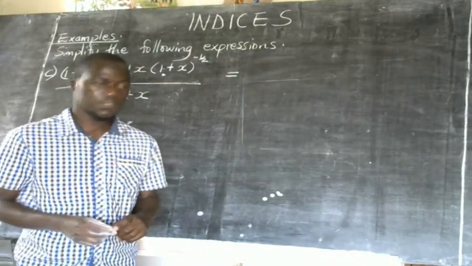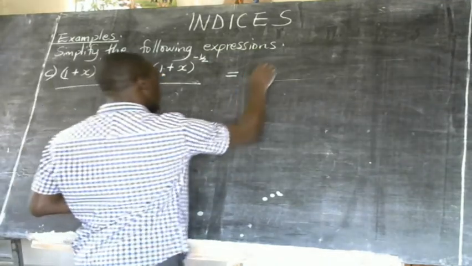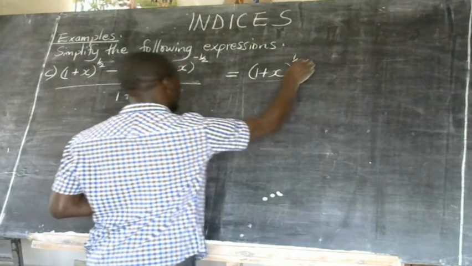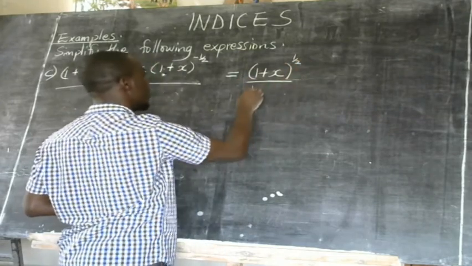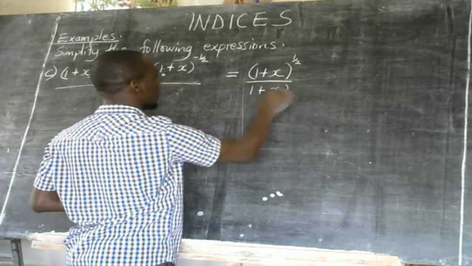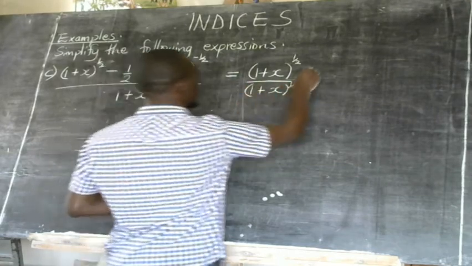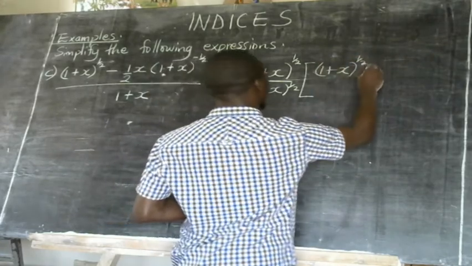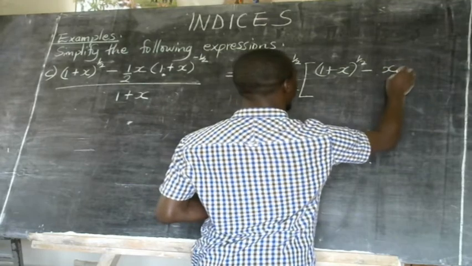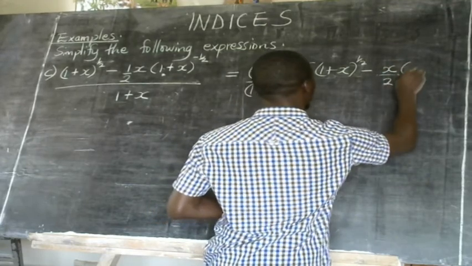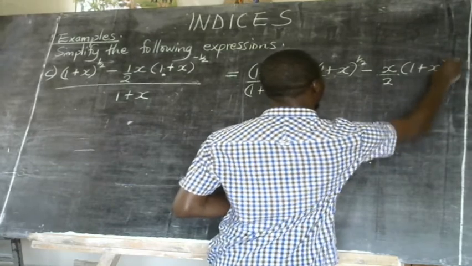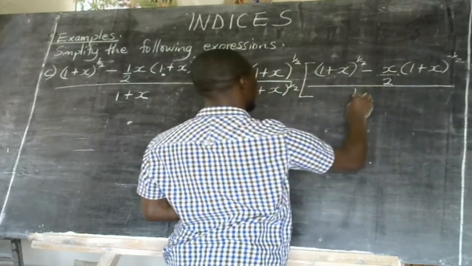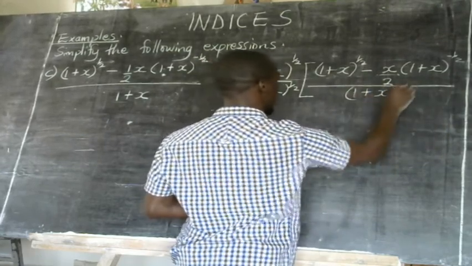The second alternative, you can get 1 plus x power a half. You multiply it in the numerator and also in the denominator there. So this is 1 plus x power a half, then minus x all over 2 into 1 plus x power negative a half, then divide by 1 plus x, and this one is power 1.